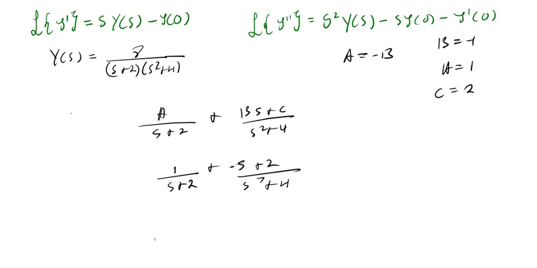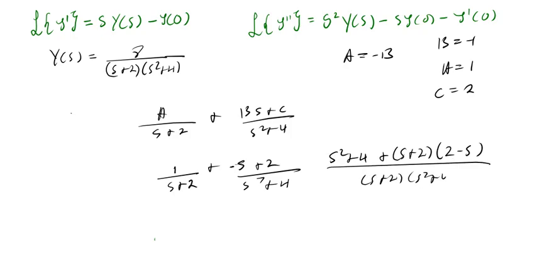Multiplying out, this by this will be plus 2s, and this and this is 2s.